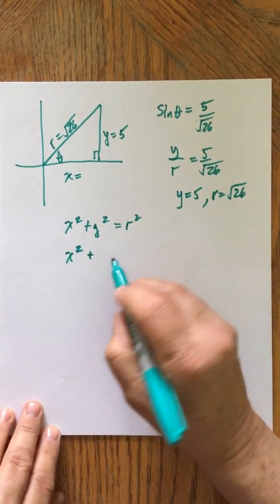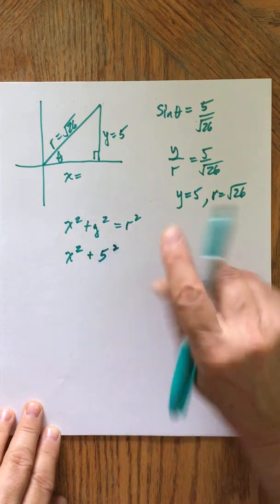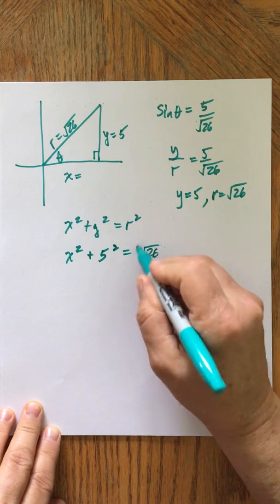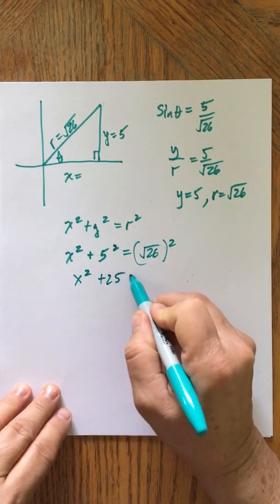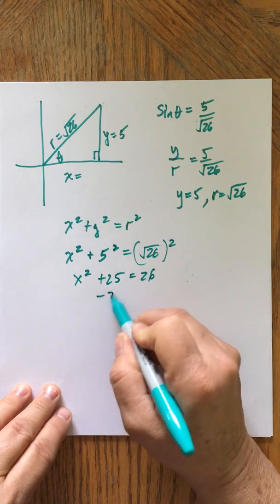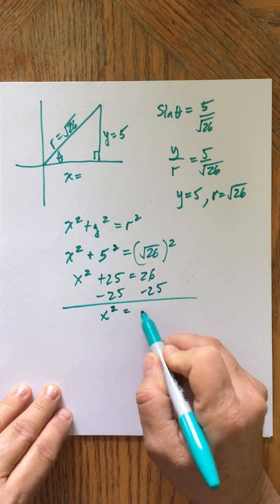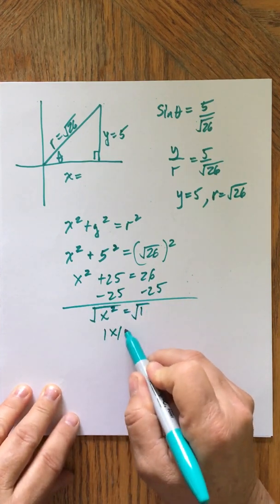So y is 5, so 5 squared. R is square root of 26, so square root of 26 squared. So now I have x squared plus 25 equals 26, and then I'm going to subtract 25 from both sides. I'm going to get x squared is 1. Take the square root. So absolute value of x is 1.